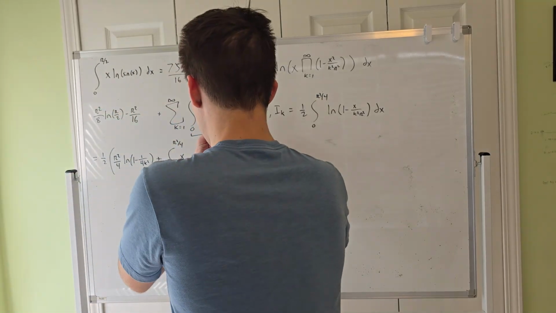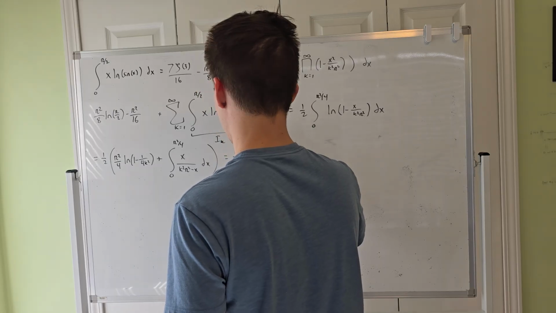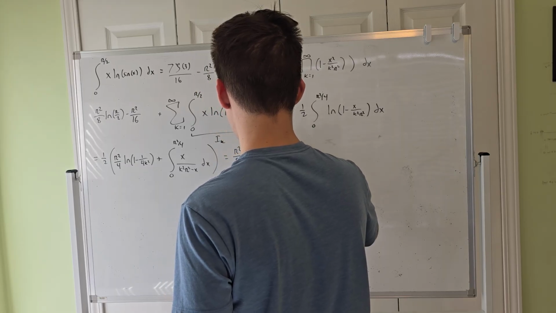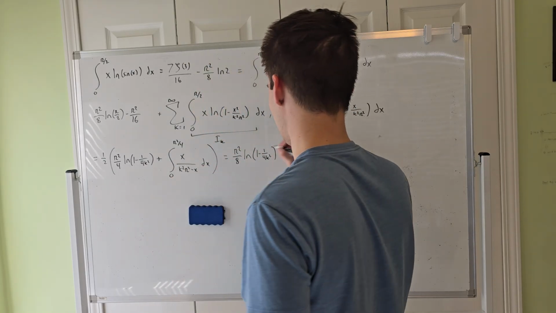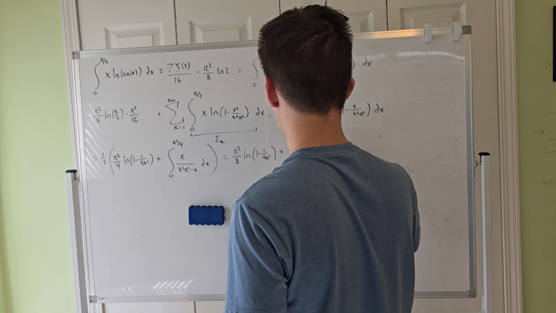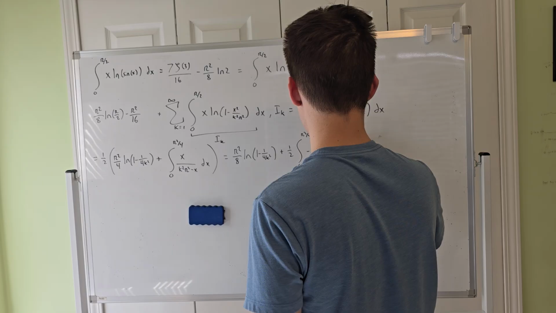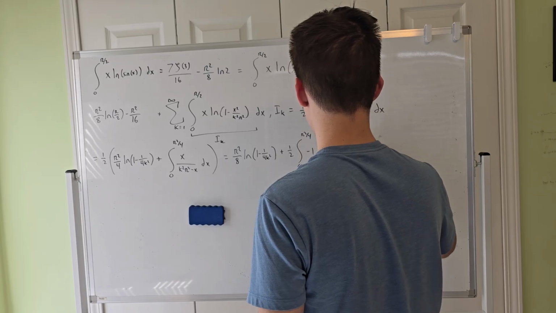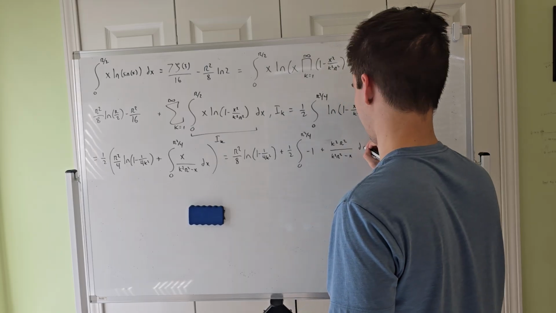Bam. Okay, so this is just going to equal pi squared over 8 ln of 1 minus 1 over 4k squared. And then here we can write this as just 1/2 times minus 1 plus k squared pi squared over k squared pi squared minus x.